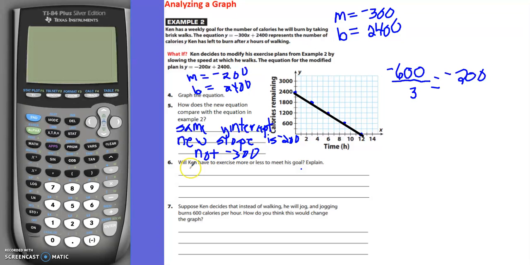Ken will have to exercise more to burn more calories.